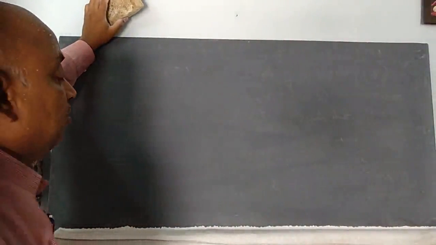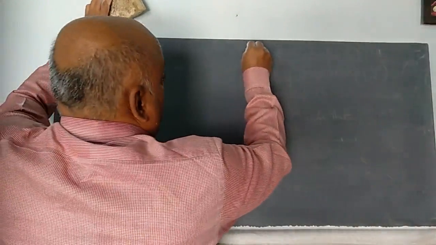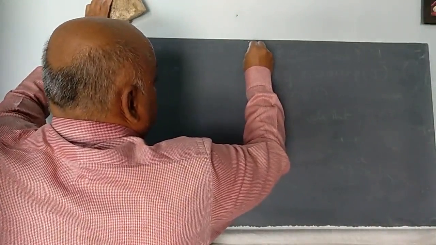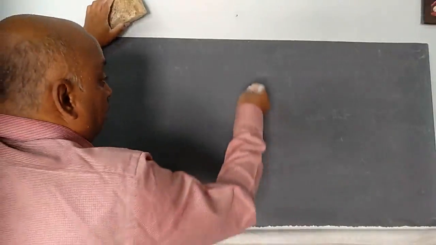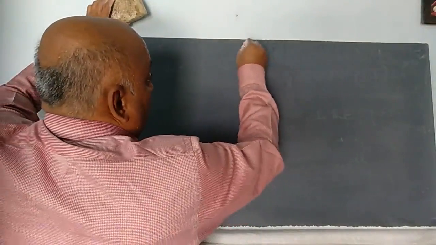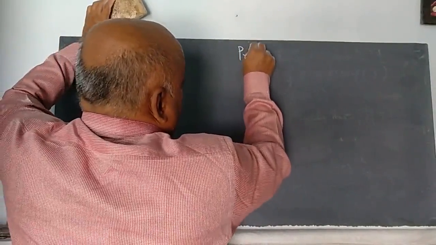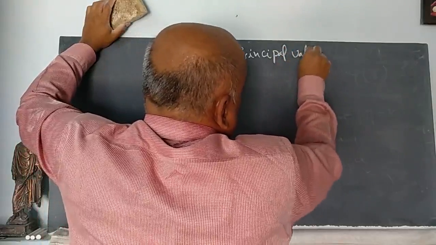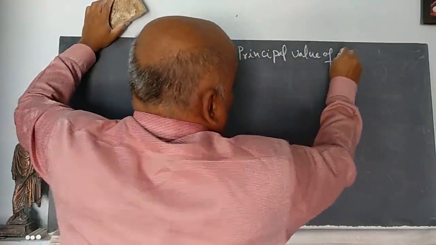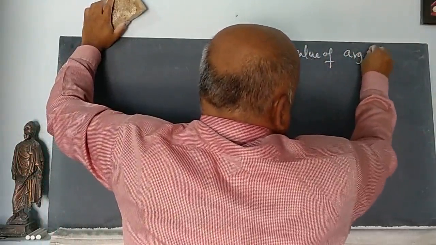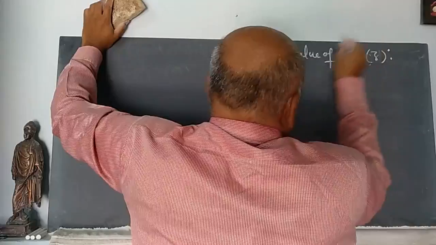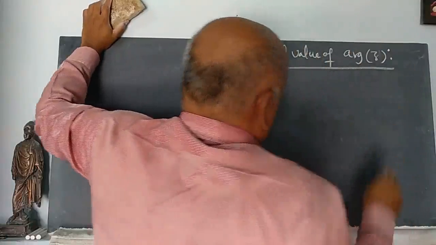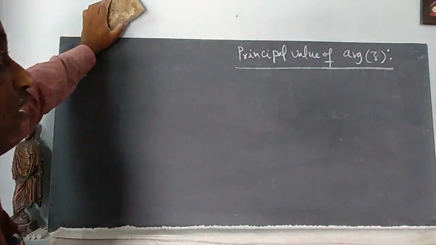Next, principal argument or amplitude of z, also called the principal value of argument of z.